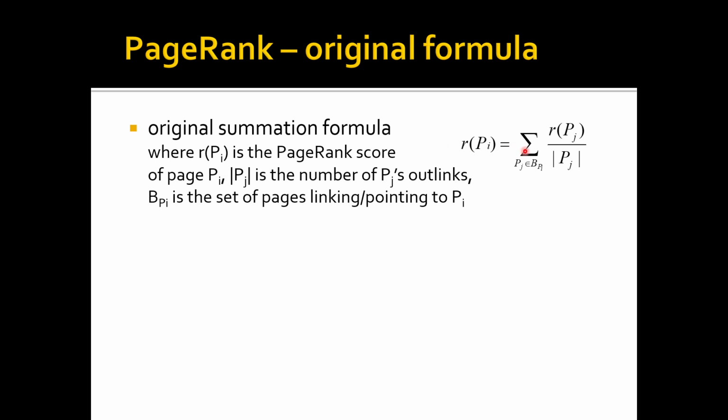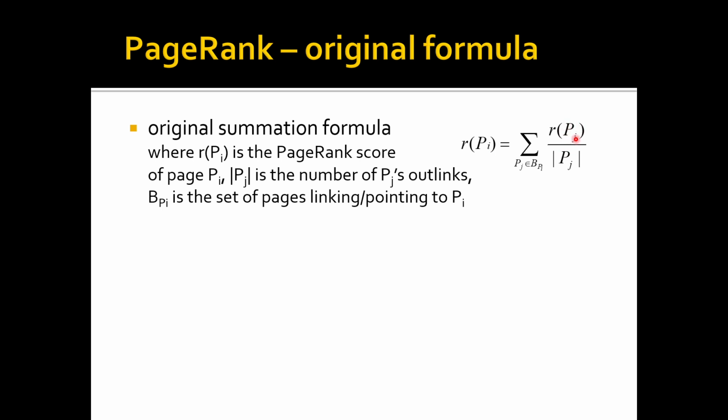Okay, what we are doing here, the division by the number of outlinks, it's because we can have very different pages PJ. We can have just a very simple page, a short page, where there is only just one outlink, and the outlink is the link to PI. That's why it is here. And in such a case, the score of this PJ is much more relevant to alter also the score of PI than another page for which the PI is just one of many pages that this page refers to.